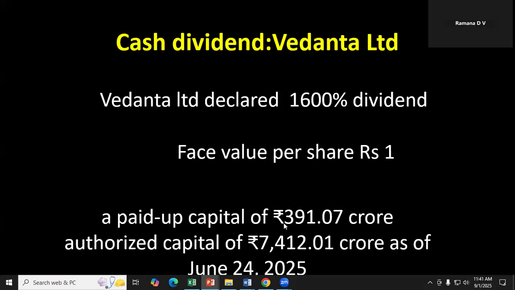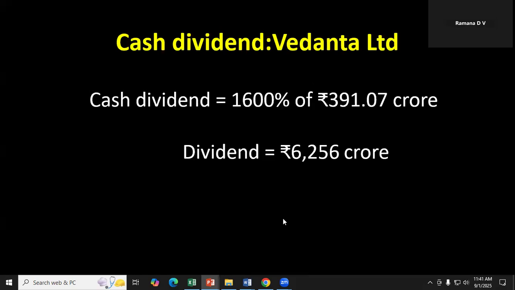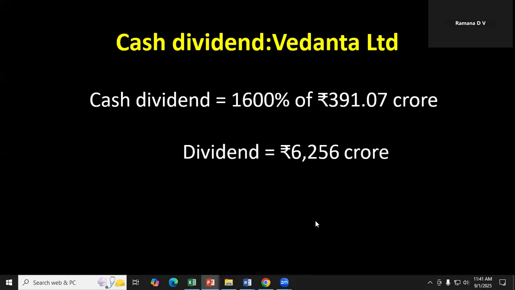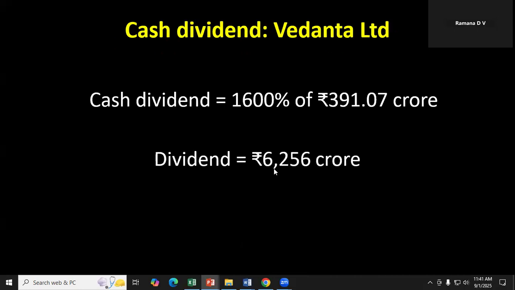Okay. And the amount of dividend, therefore, is calculated on the paid up capital. So the amount of dividend is 6,256 crore. And this dividend, 6,256 crore, is a cash outflow from Vedanta Limited.